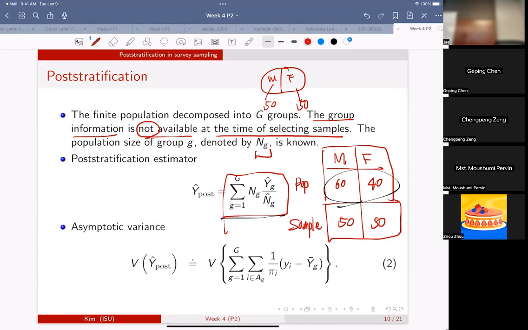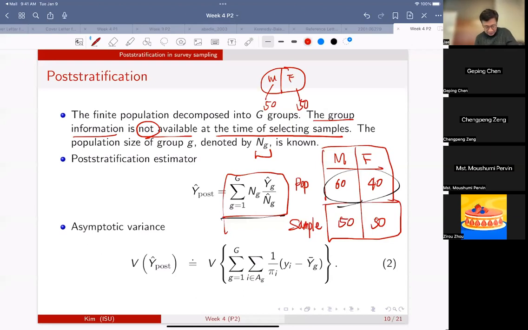So for example, if Y happens to be the group indicator, then you get exactly the same information, because Y hat G and N hat G will be cancelled if Y happens to be the same as a group indicator.